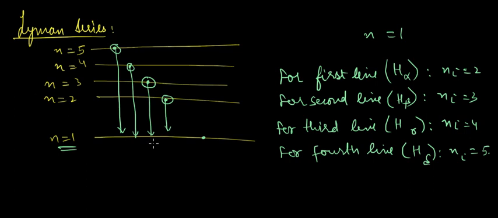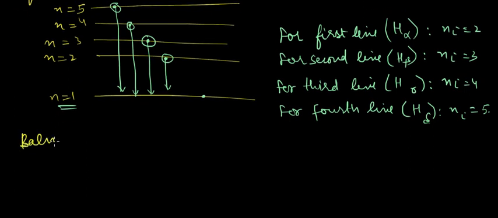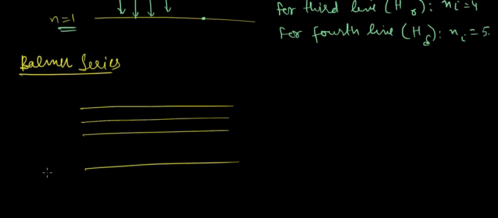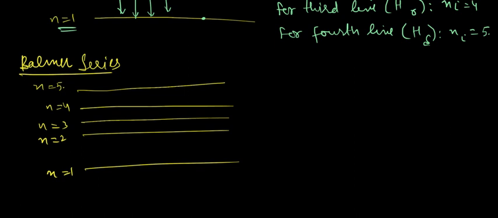Okay, so let's discuss Balmer series now. Similar to Lyman series, for Balmer series also we'll be drawing energy levels or orbits. This is n equals to 1, n equals to 2, 3, 4 and finally 5 also. Let's draw up to n equals to 5. In the Balmer series, we know that the radiations emitted by the electrons falling from n equals to 3, 4, 5 to n equals to 2 fall in the spectral region of visible radiations.